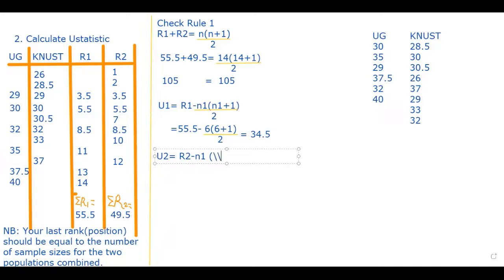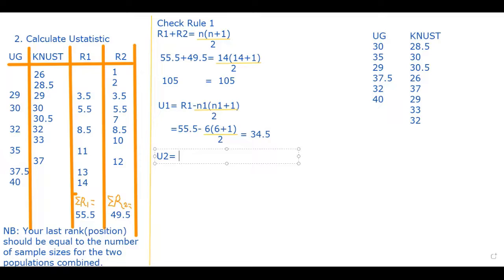That one, it was N2, not N1. So 8. Yeah. 8 plus 1 divided by 2. You didn't write the R2. You said R2 should be 49.5. Okay, we know this.